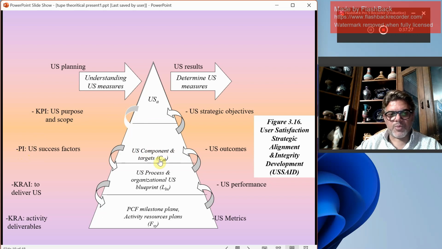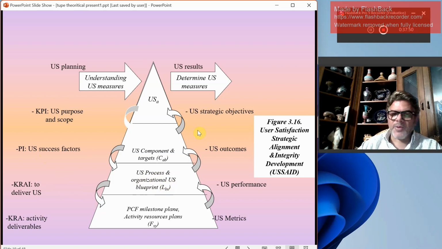So this is component. Key result area indicator to deliver user satisfaction. See here, satisfaction success factors, or to deliver performance. Here we're going to be user satisfaction process and organizational user satisfaction blueprint level.